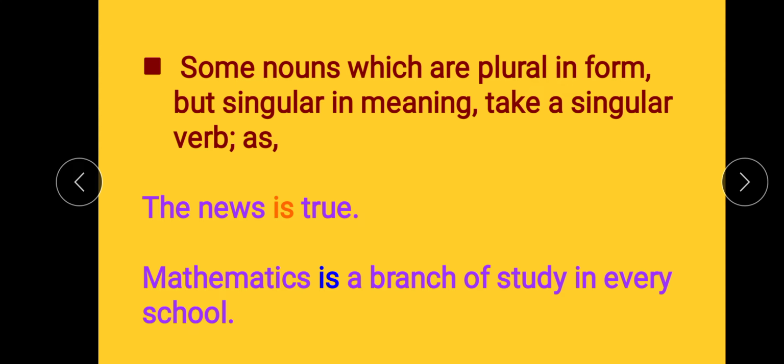For example, the news is true. See, the word is news, which we watch on television or hear on radio. This news has singular meaning, that's why we have used "is" here. This is not a plural word, this is a singular word.